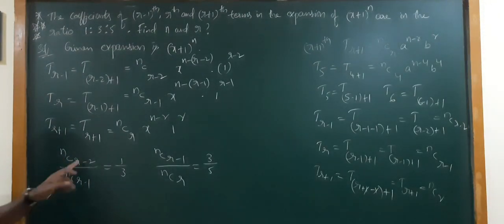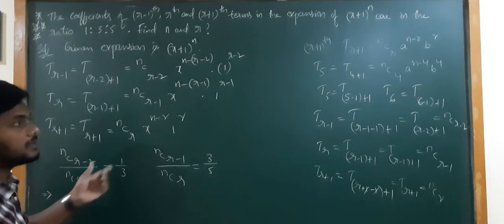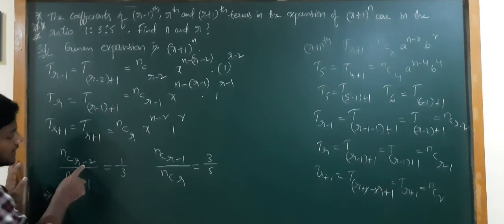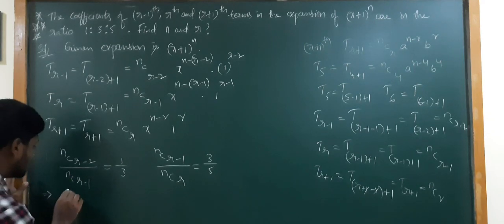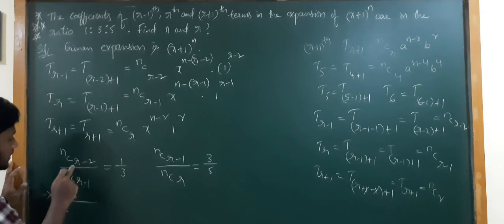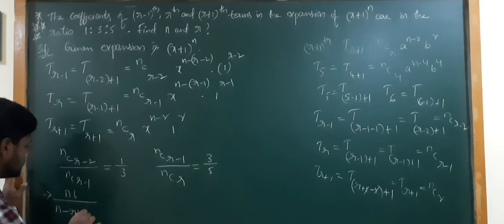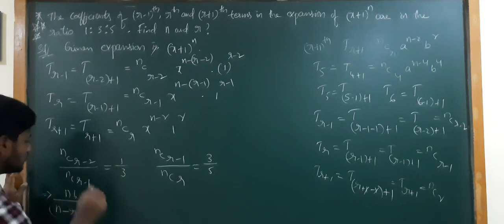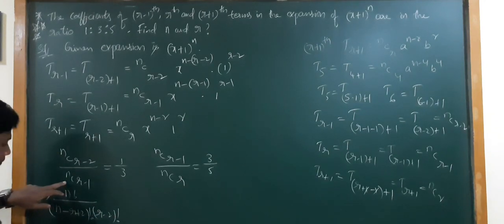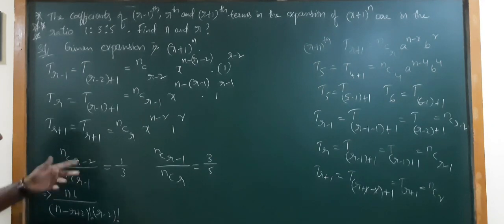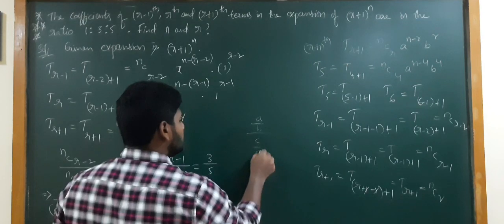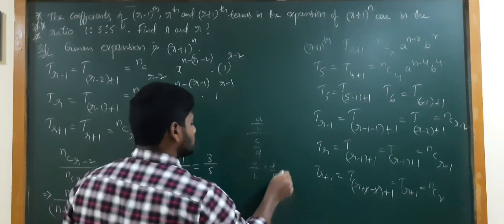How to find nC(r−2)? By using which formula? The nCr formula. What is the nCr formula? n factorial by (n−r) factorial into r factorial. So you can write n factorial by (n−r+2) factorial into (r−2) factorial. Divided by is there, na? So the divided by we will write in reverse, right? Like a/b divided by c/d, you can write a/b into d/c.